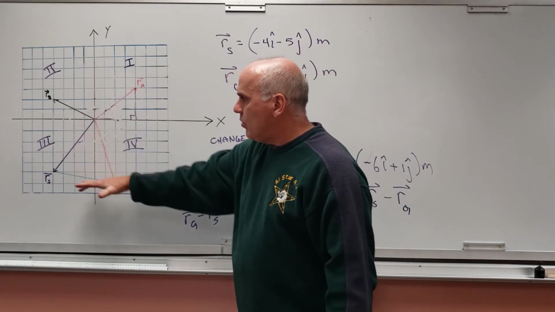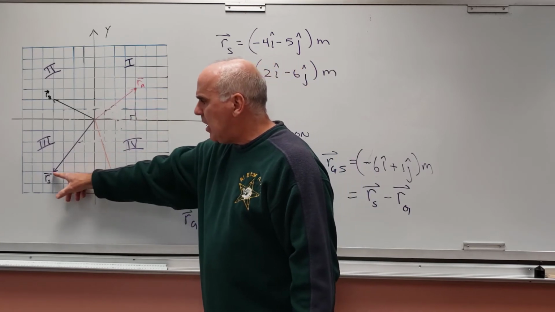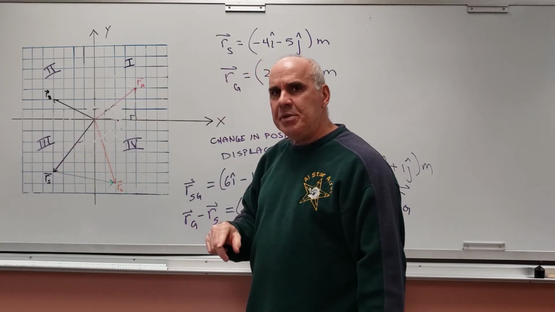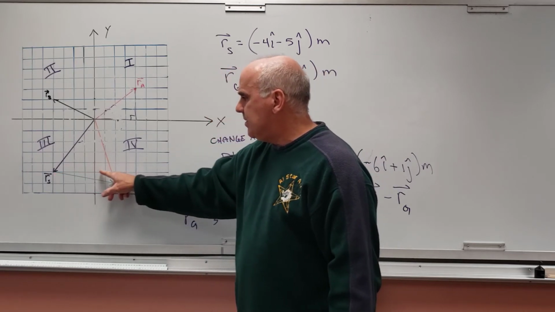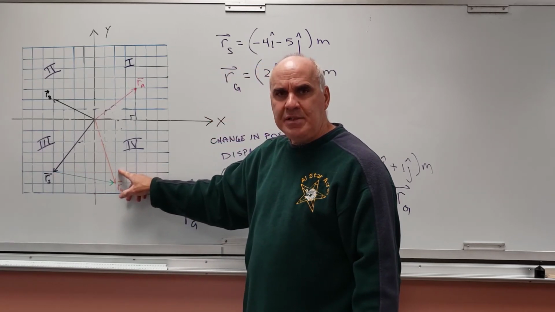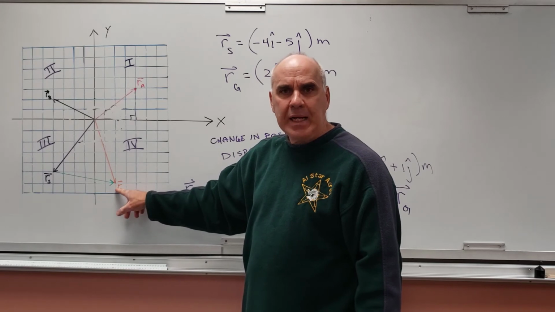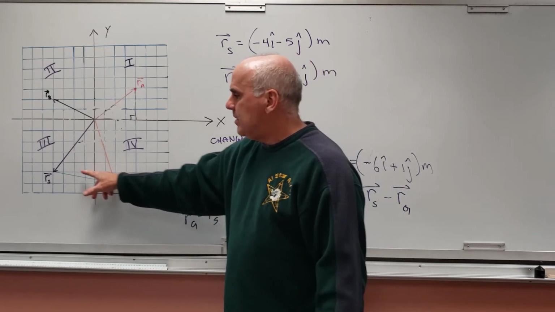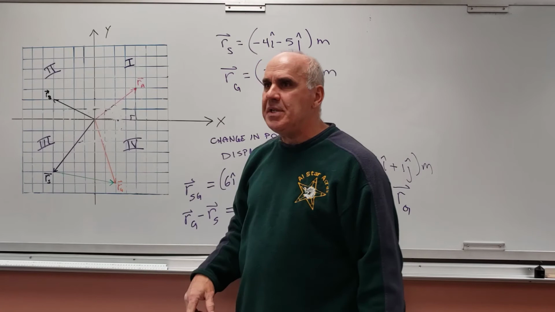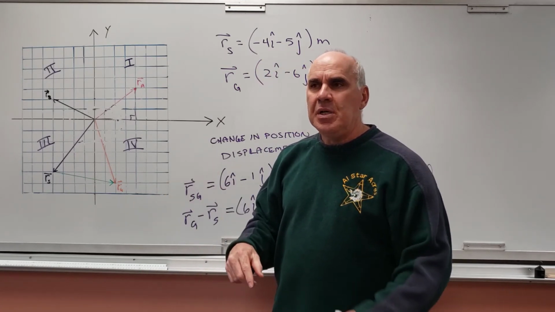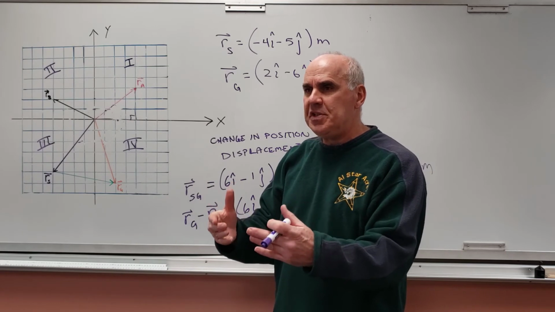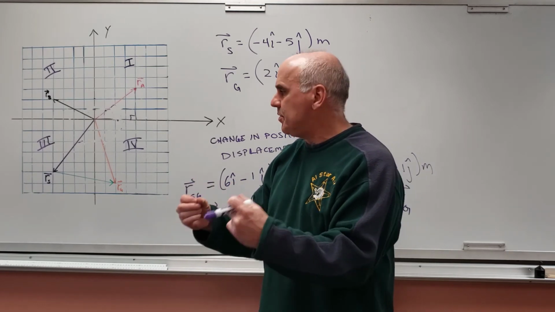So let's say we're on a grid, and I'm talking to Shelby, and I say, hey, Shelby, where is Grayson? Shelby's going to say, Grayson is 6 meters to the right and 1 meter down. So what she is describing is Grayson's position, but she's describing Grayson's position as she perceives it.